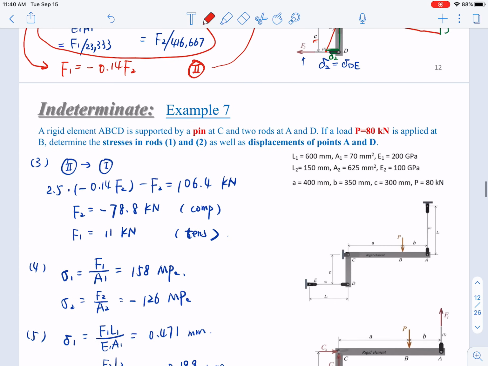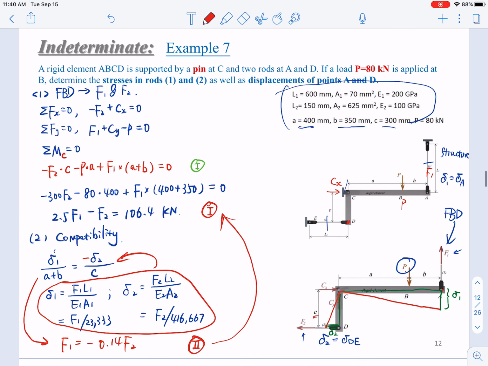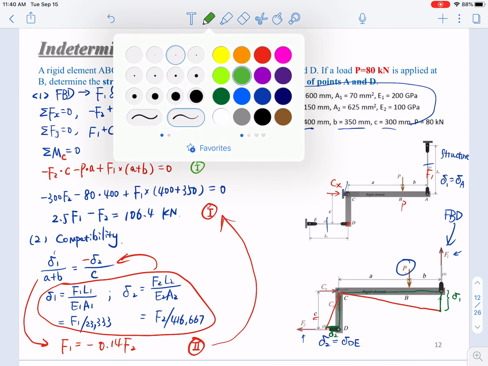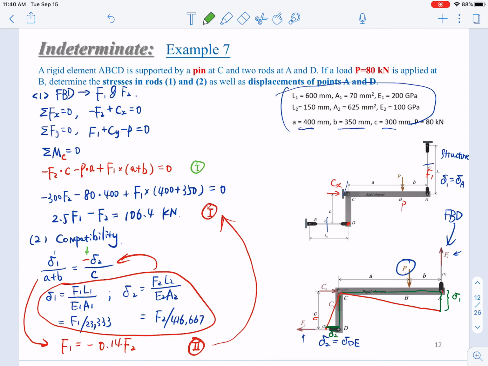Okay, negative. So you can see that this is a critical point to realize that you need this negative sign. Okay, this negative sign is very critical. Of course, you can also ignore this negative sign, right? Then this result here will be positive.